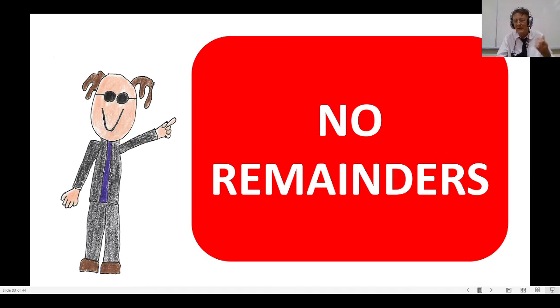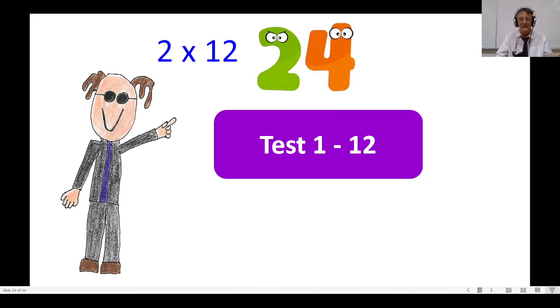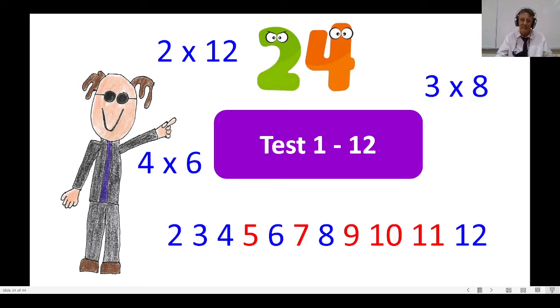Oh, sorry, I've got another reminder here. No remainders. Make it absolutely clear. No, no, no remainders. So the test of 1 to 12 gives us 2 times 12, 3 times 8, and 4 times 6.